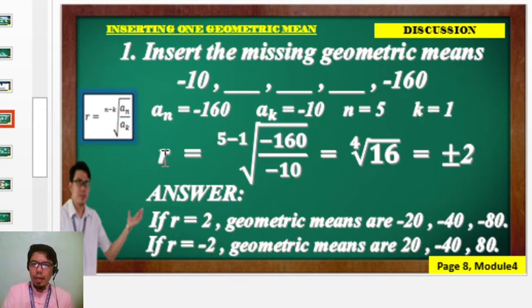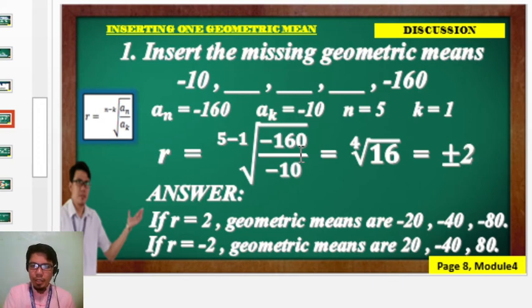Using the formula, r is equal to the n minus k root of a sub n all over a sub k. So we have 5, or n, minus 1. So that is n minus k, 5 minus 1. Root of a sub n here is negative 160 all over a sub k, which is negative 10.